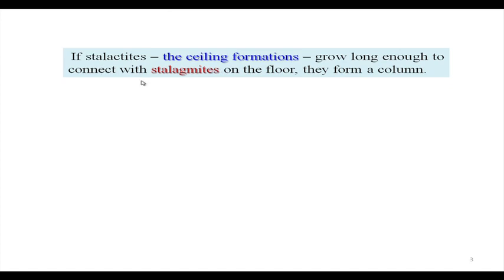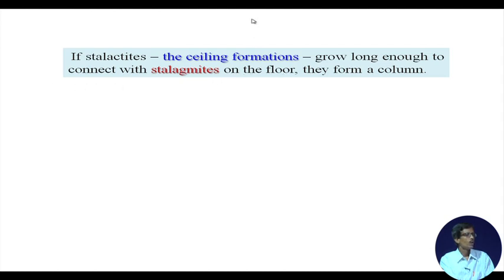The two forms I just told you about: stalactites are what we get from the top, from the ceiling where water is dripping inside. They can grow long enough to connect with the stalagmites on the floor.